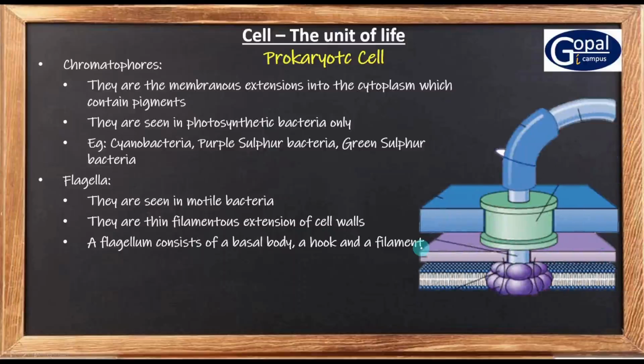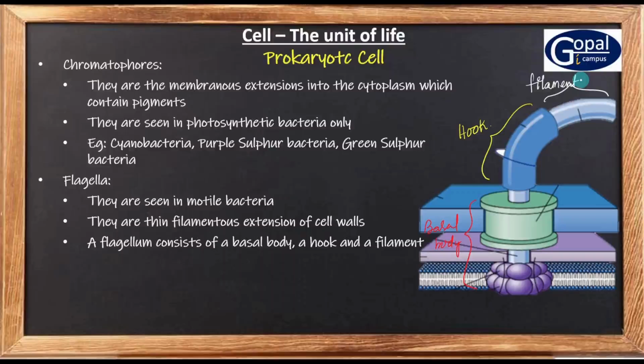For example, in this diagram, this is the basal body. And this portion, from here to here, is called the hook. And the other portion from here to here is the filament.